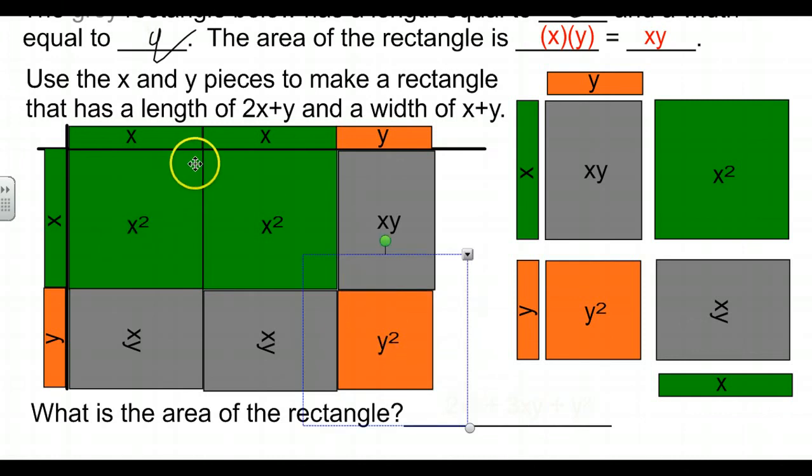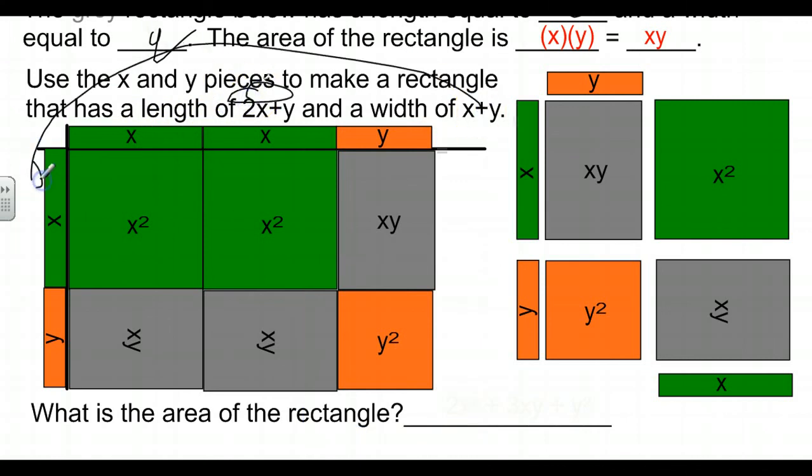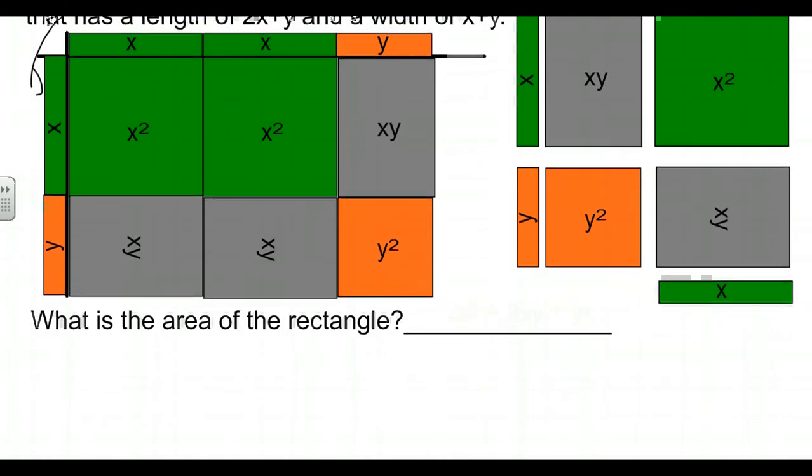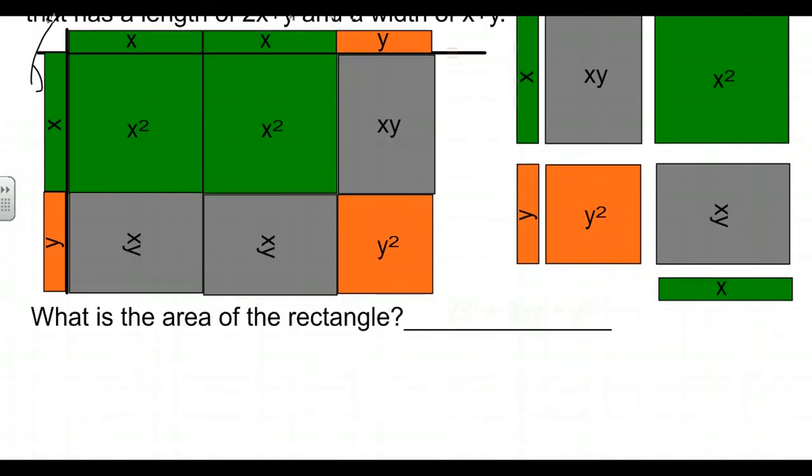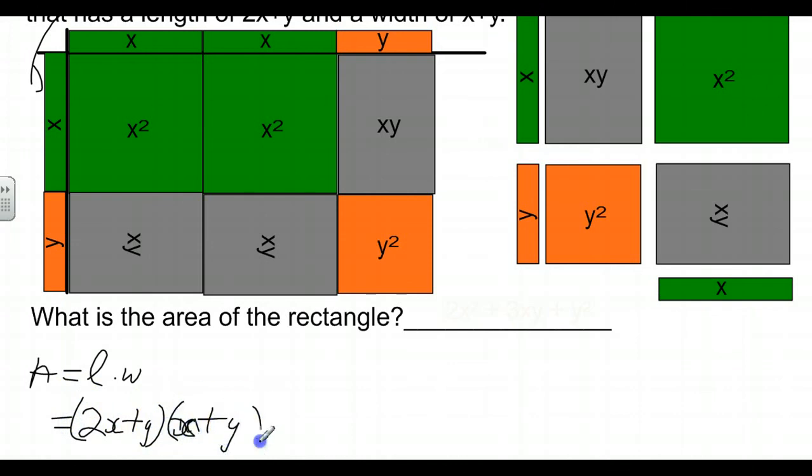So we have a length of 2x plus y, a width of x plus y. When we multiply those together, remember, area is length times width, which is 2x plus y times x plus y.